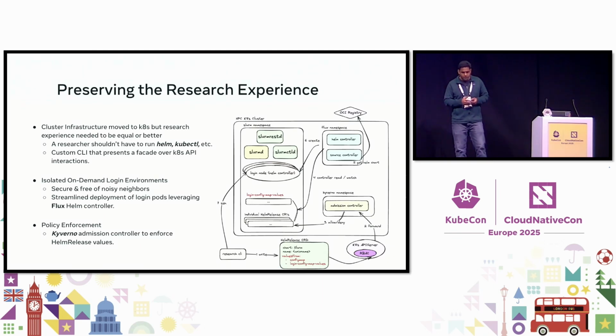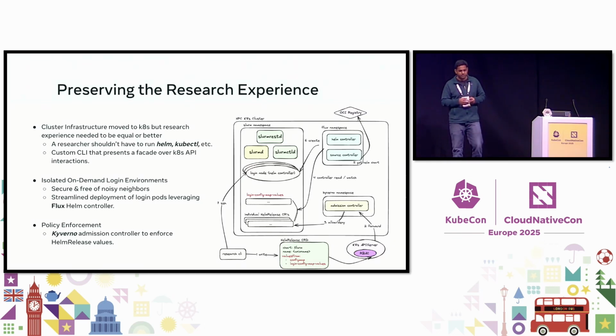To do that, we came up with a custom CLI that researchers use to log in to the cluster. In the back end, it just creates a small Helm release custom resource definition. And then we have a Flux Helm controller running inside the cluster.